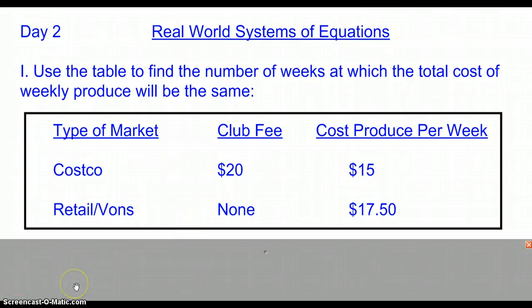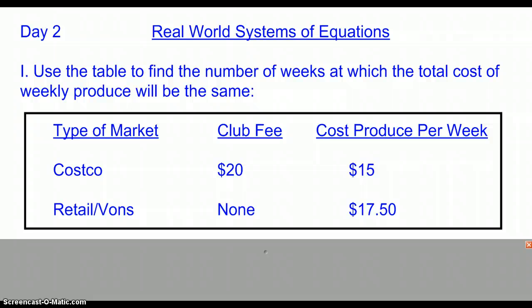So what we want to do is take this information and place it in the form of 2 equations that we can solve to tell us what week the total cost of produce would be the same whether we shopped at Vons or at Costco.